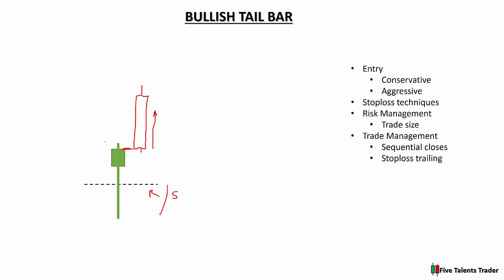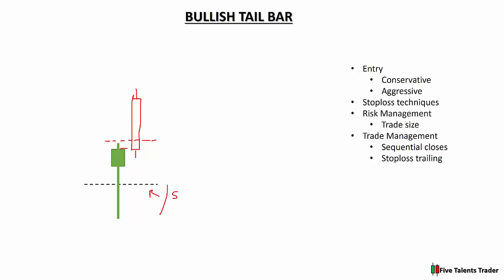For the conservative technique, which is what my bias is, once that bar closes, I place a buy stop order 5 pips above the high of the signal candle in anticipation that price will push up in that direction.